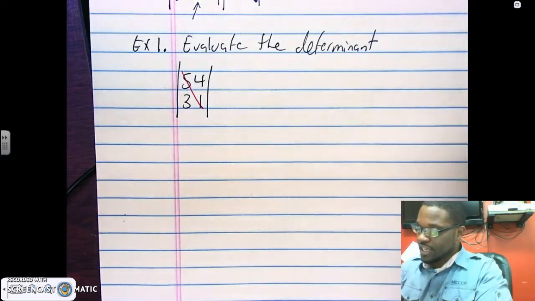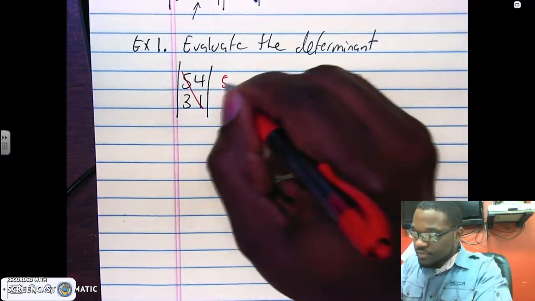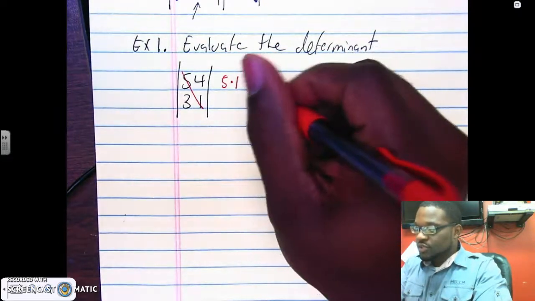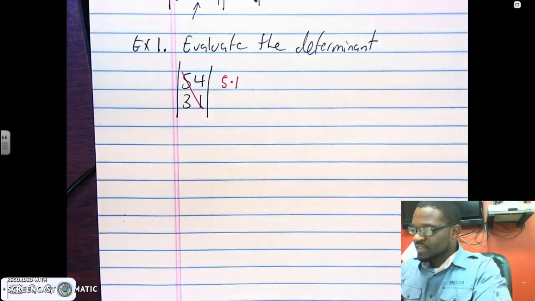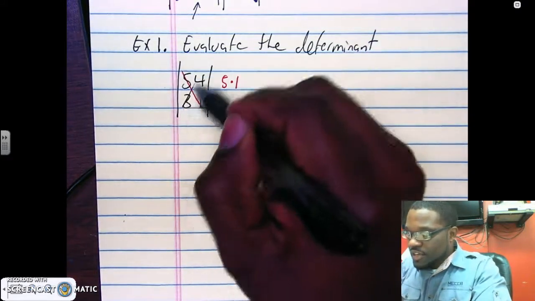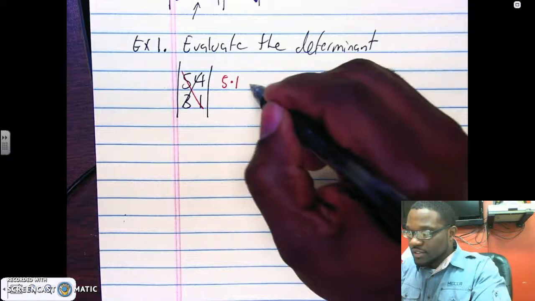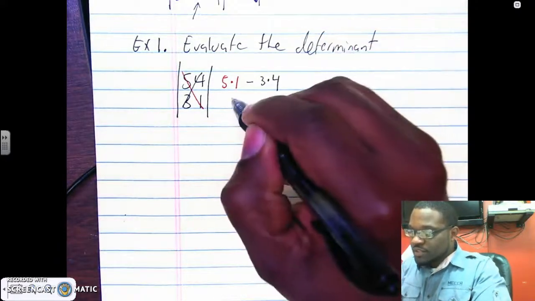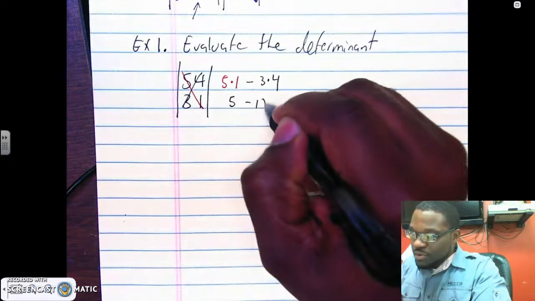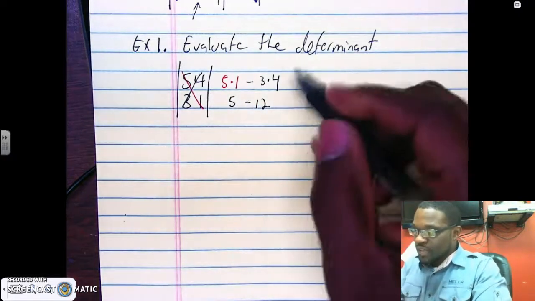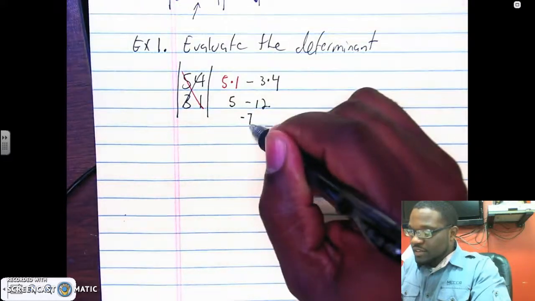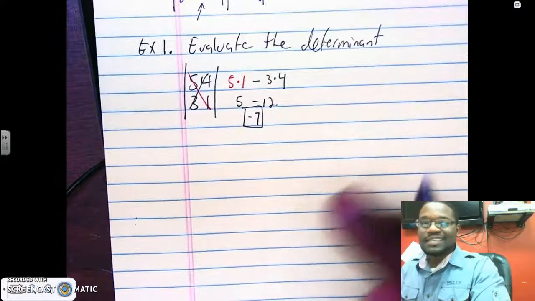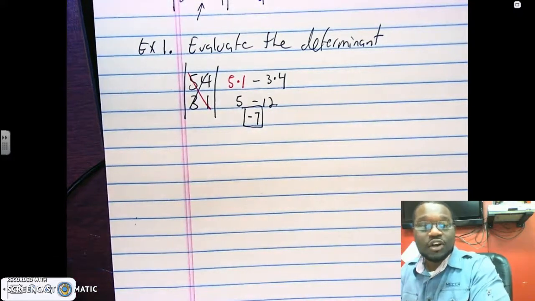So 5 times 1, and then I'm going to subtract that from the other direction diagonal, which is 3 times 4. So really this is 5 minus 12, remember order of operations, and that equals -7. That's the determinant here, it is -7. 2 by 2s are simple.